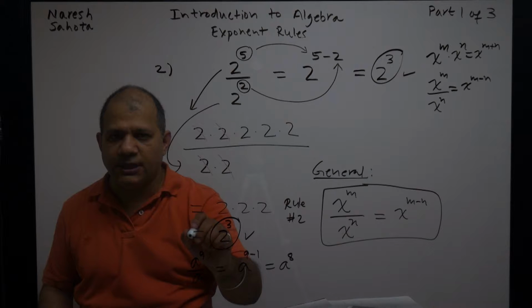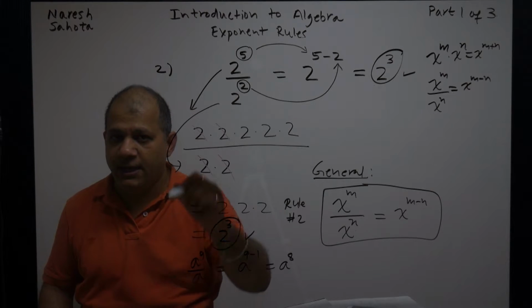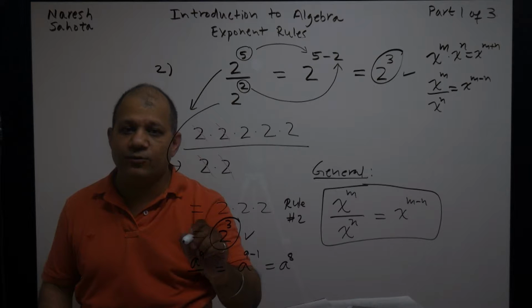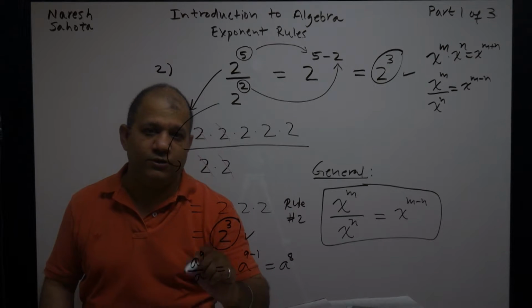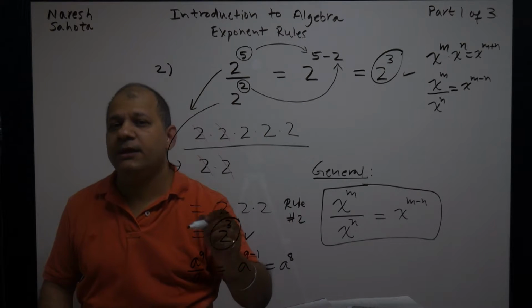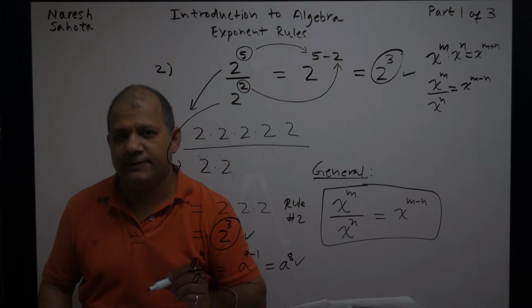And you can prove to yourself, in the numerator you'll have a being multiplied 9 times, in the denominator only 1 a, and the 1 a's cancel in the numerator and the denominator. You're now left with 8 a's being multiplied in the numerator. How do you put that in exponent form? Base a raised to the exponent 8. So this is how you do this.